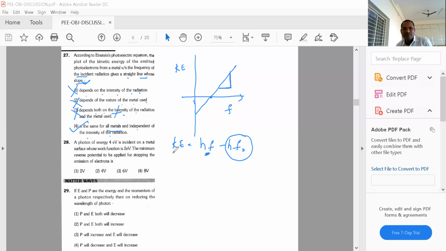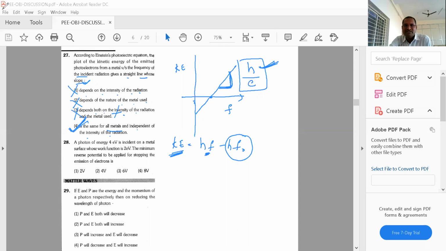The slope of this graph gives you h by e. This h by e is independent of nature of the material and independent of intensity of radiation. So option 4 is the right answer. How many of you understand this point?